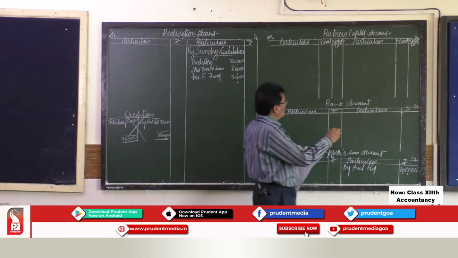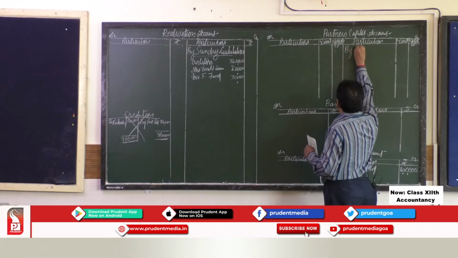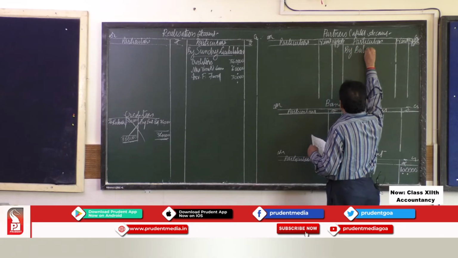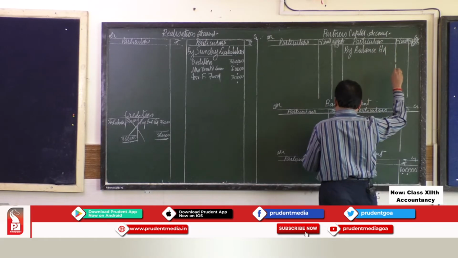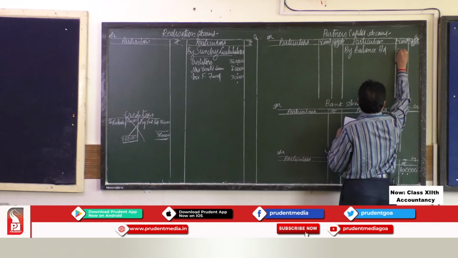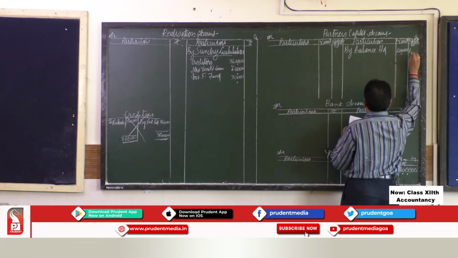Then we have partners capital. Partners capital account, you have to write on the credit side, by balance brought down, it is rupees 2 lakh and rupees 1 lakh.